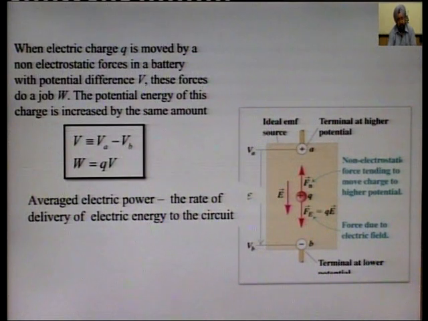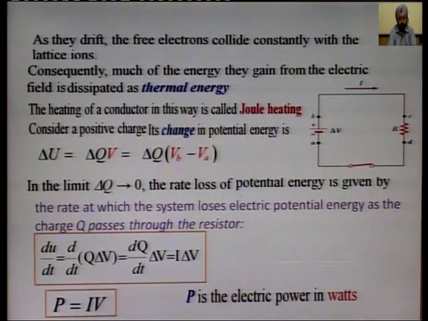So, the rate of delivering electric energy to the circuit is what is called averaged electric power. As these free electrons drift through the conductor, they constantly collide with the lattice ions.